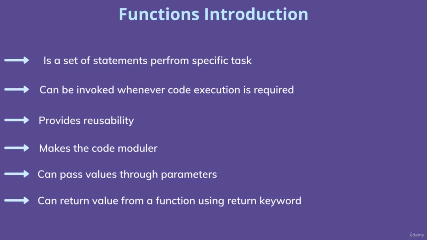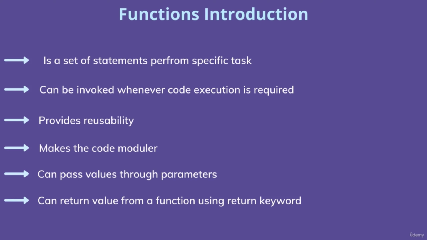While defining the function, I can pass some parameters as well, so that whenever I want to supply some value from the calling environment, meaning when I am invoking it, I can do that.